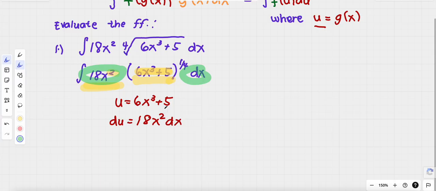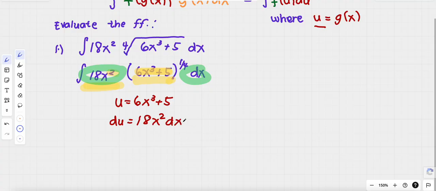Meaning to say, we can assign 6x cubed plus 5 as our u. This will be the term that we will be substituting. So, simple substitution. Since we already have the exact derivative of our u, we don't have to neutralize.